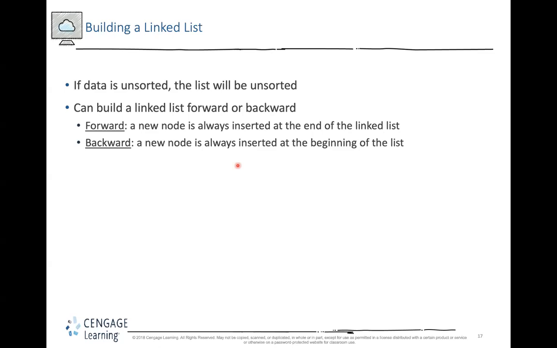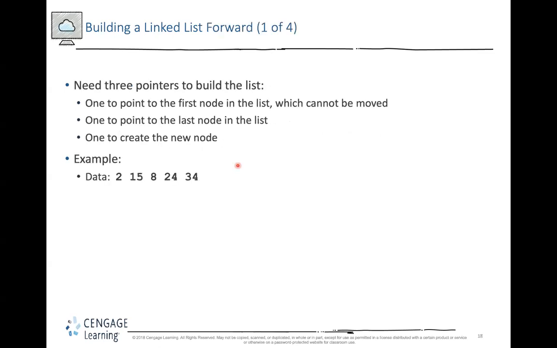Building forward means every time we need to insert a new node, we're going to put it at the very end of the list. And backward means we're going to insert at the beginning of the list. So let's look at building a linked list forward. One way to do this is to have three pointers.